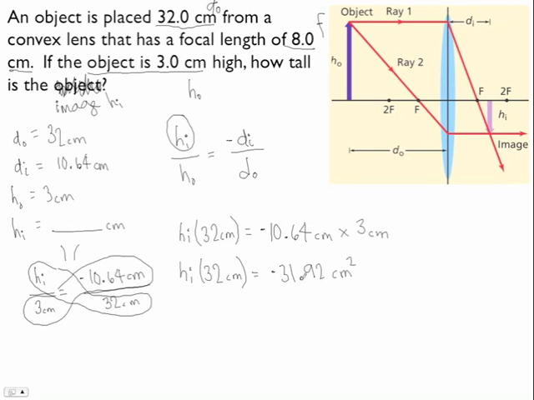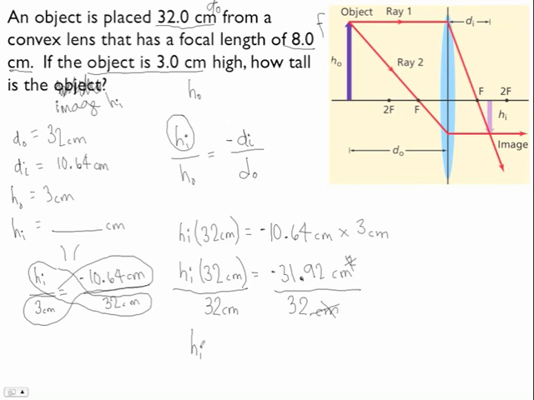And the reason I have centimeters squared is because I just multiplied these 2 centimeters as well. So now I want to get HI by himself. So I'm going to divide both sides by 32 centimeters. And so that'll make this centimeters cross out, and that'll make our squared cross out.